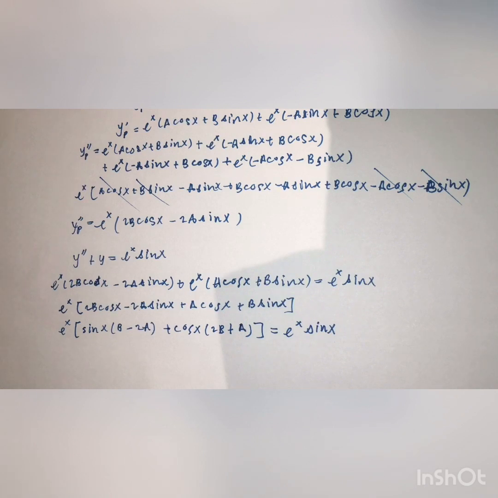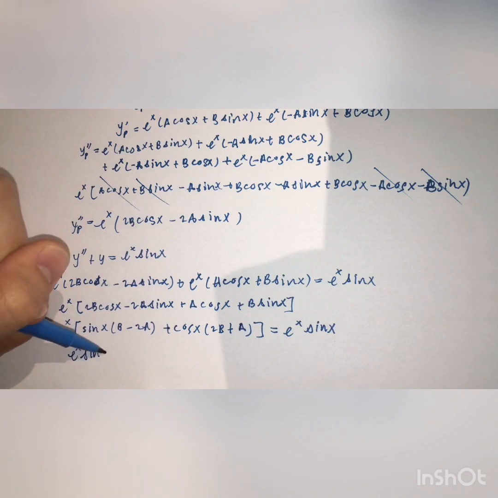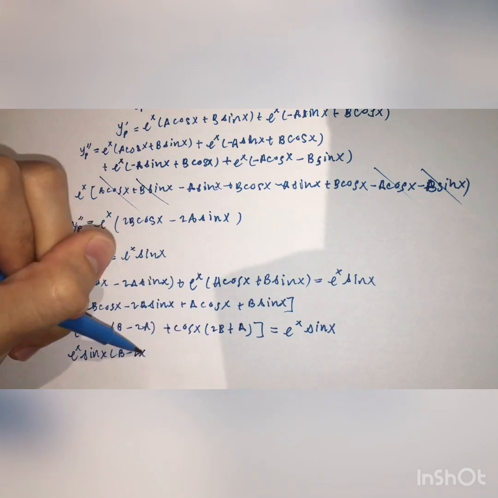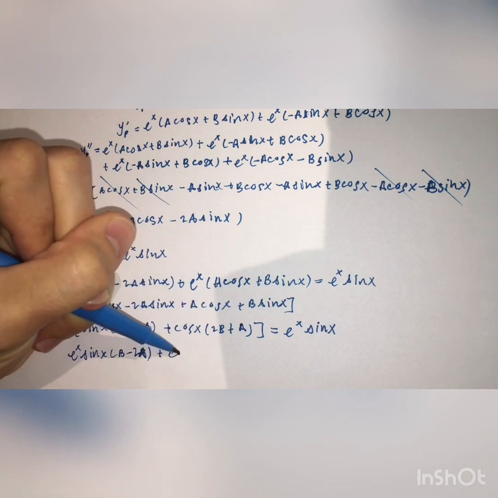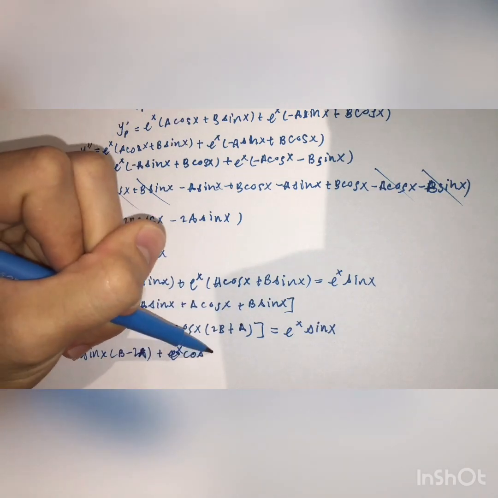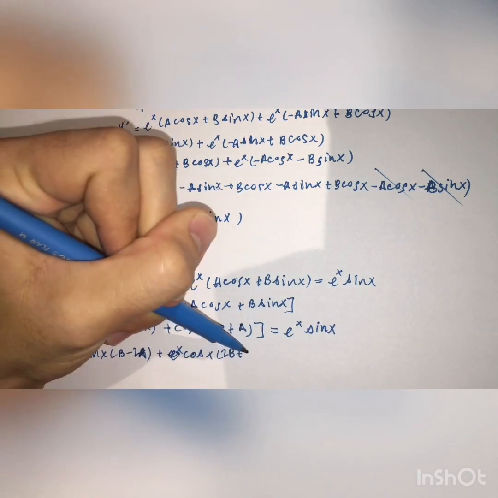Okay. Let me reapply this e to the x. b minus 2a plus cosine, e to the x cosine x, 2b plus a.